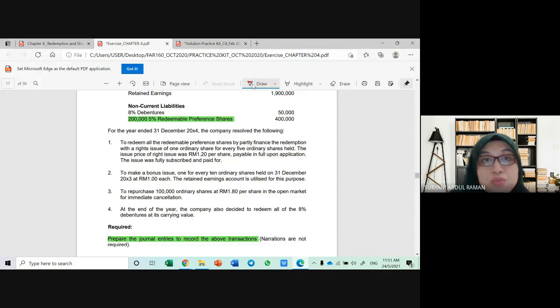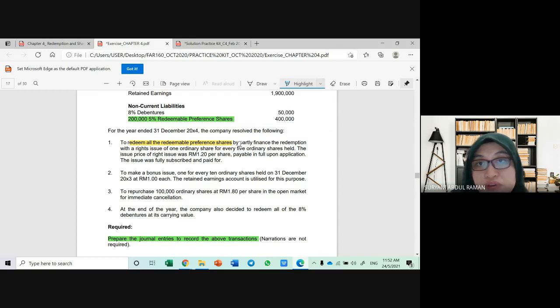As for number 1, you can see that the company wants to redeem all the redeemable preference shares. So the keyword here is redeem all. So number 1 is about the redemption of redeemable preference share capital. This redemption will be financed partly by a rights issue. I'm going to highlight with different colors so that you can distinguish it better.